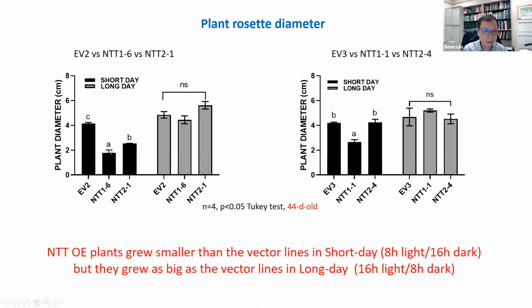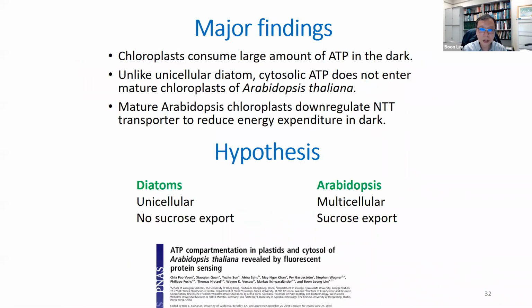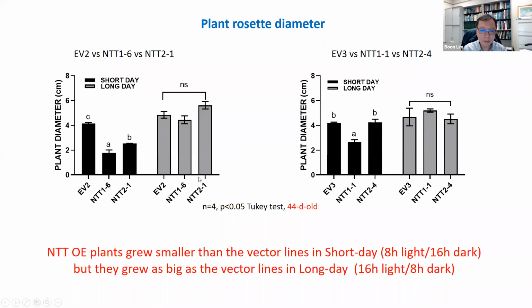If we grow them in short day, they will be smaller. But when we grow them in long day, they will look like the vector control. So that means that if mature chloroplasts still overexpress the NTT transporter all the time, it is not energy efficient.